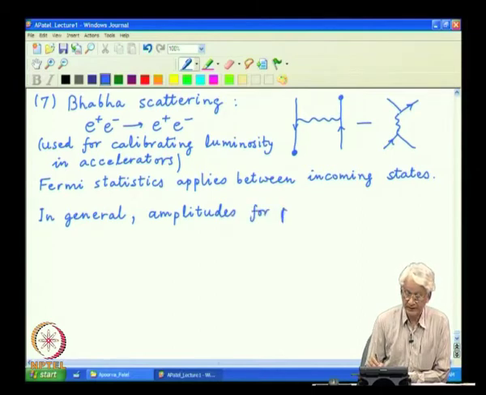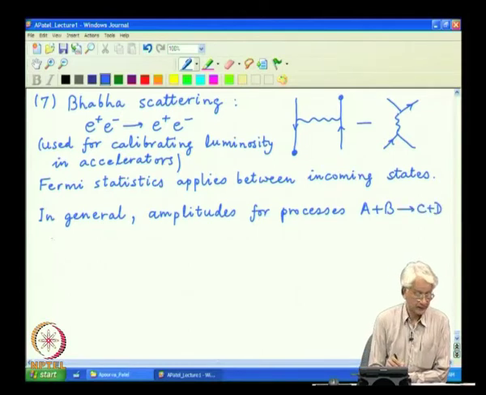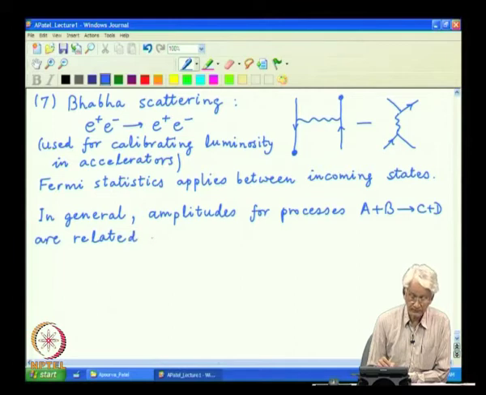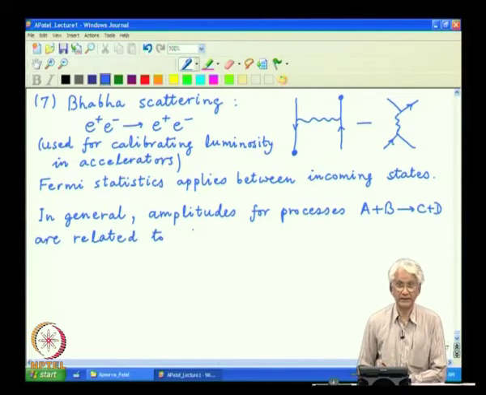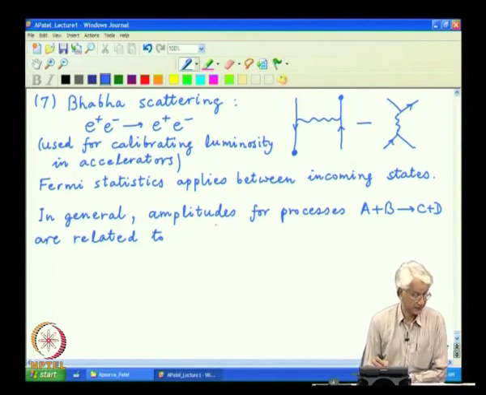I just want to mention a general rule, that there are amplitudes one can calculate for, say, the process A plus B going to C plus D, and having calculated that, one can easily write down the amplitudes for the related processes, and by related I mean interchange of a particle from the initial state to the antiparticle in the final state.